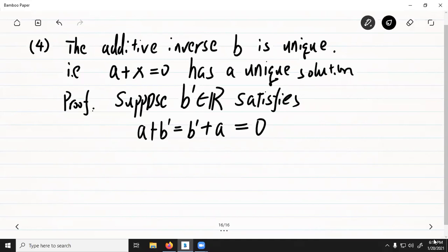So next, we want to show that this B prime is the B we already have. We need to show this B prime is equal to this B, the B we already have. Okay. So now let's look at how to do that.